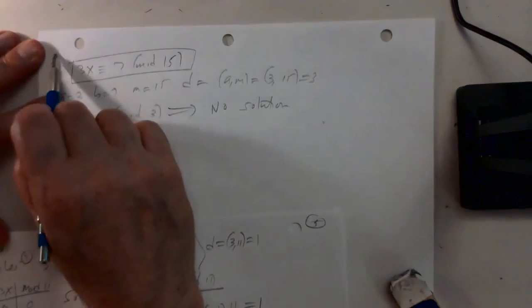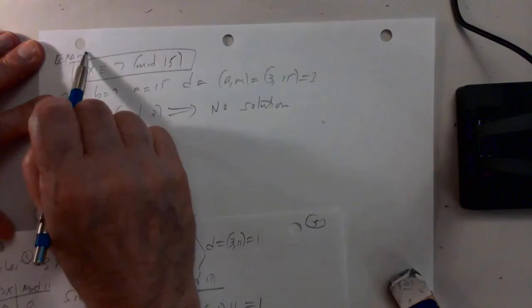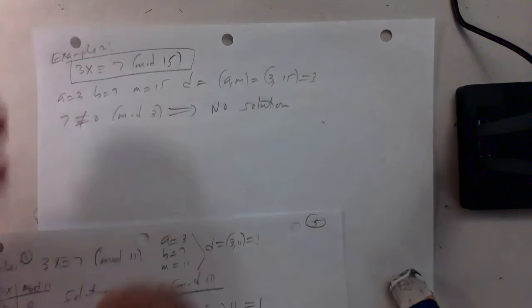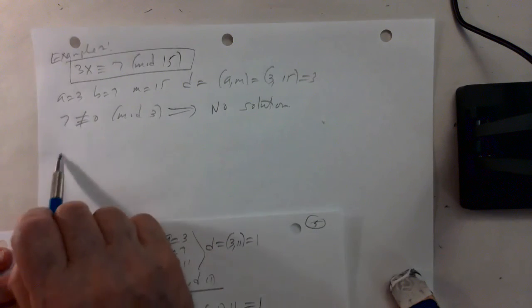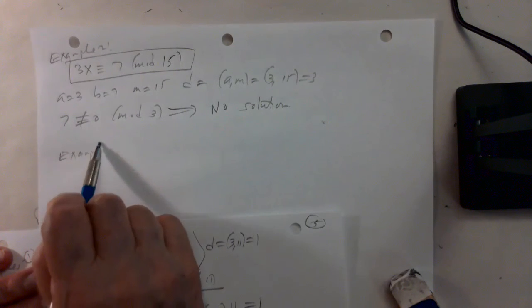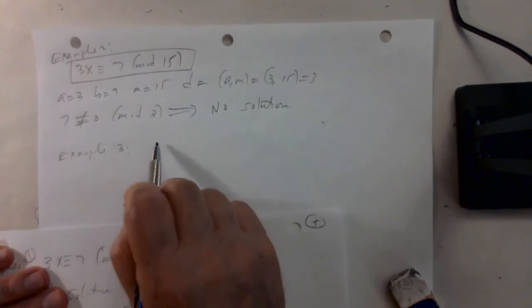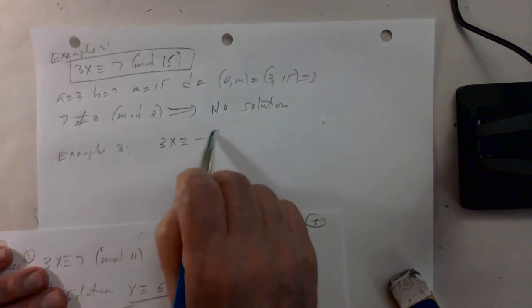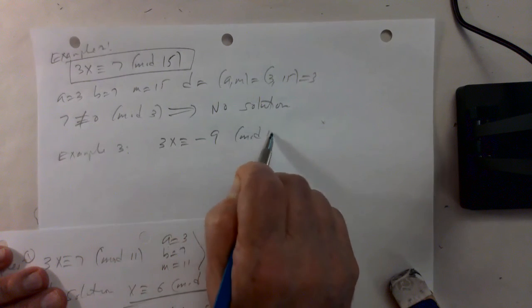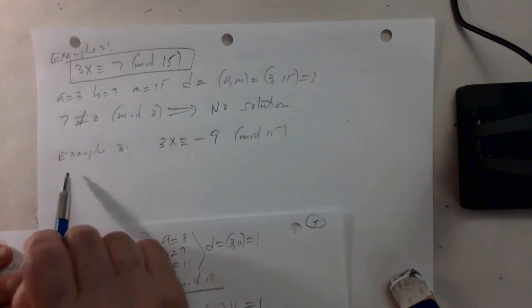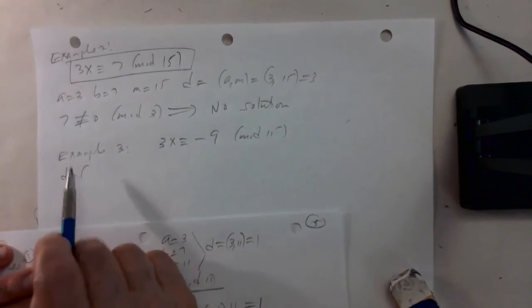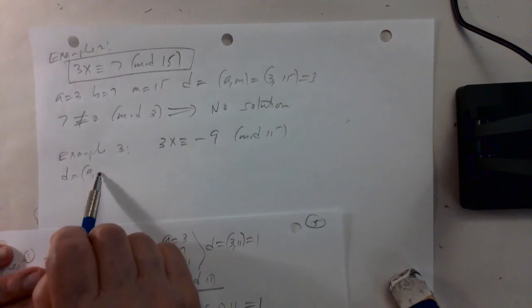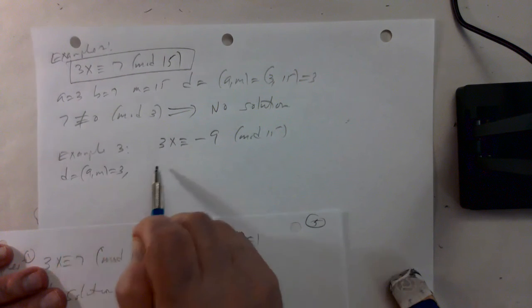This is example 2. No solution. What about example 3? Suppose I want to solve 3x congruent to minus 9 mod 15. In this case, D, which is the greatest common divisor of A and M, is 3.